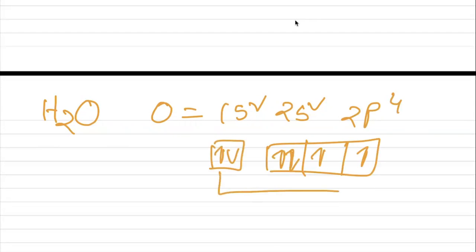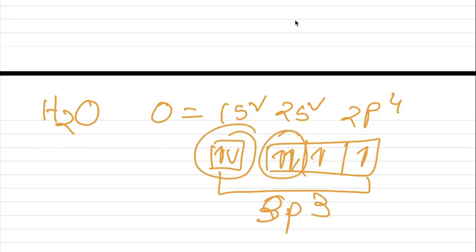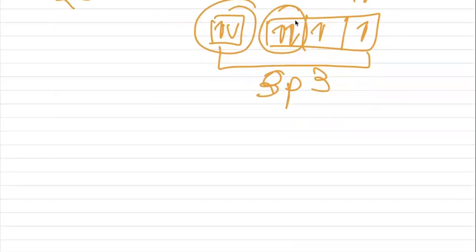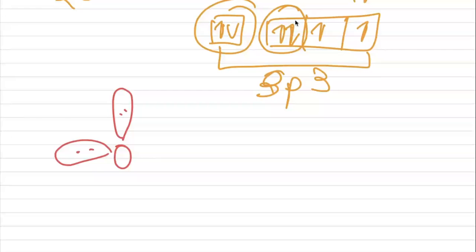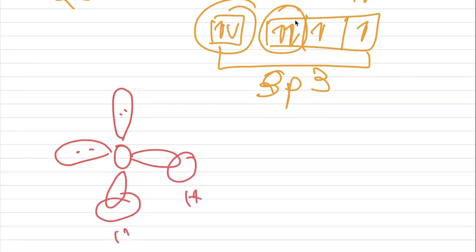Now this 2s and 2p form sp3 hybridization. Two of these orbitals are present as lone pairs. So what will be the structure for water? These are for hydrogen. So it forms a structure like this.